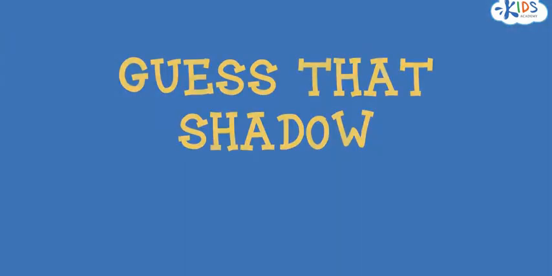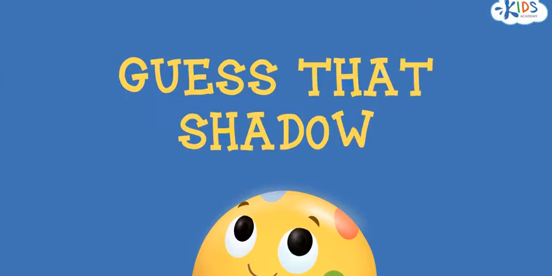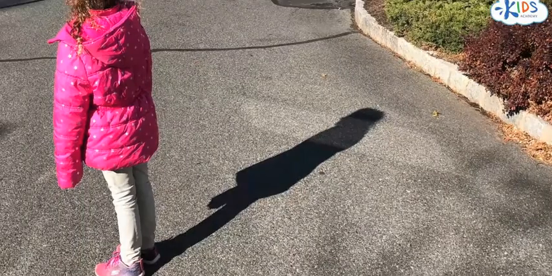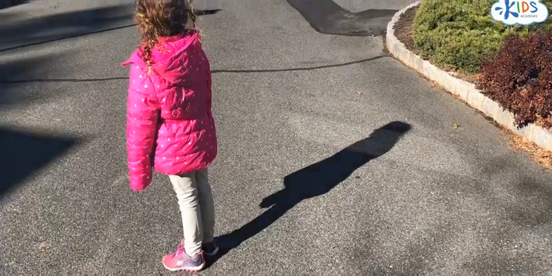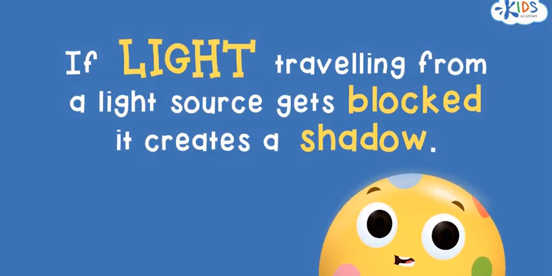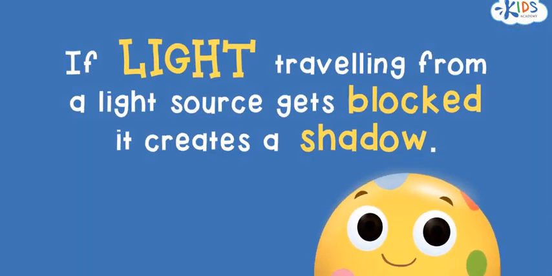Today, we learned that if light traveling from a light source gets blocked, it creates a shadow. Excellent. So when the light is blocked, it makes what? Shadow. When do we get the longest shadow, grade 1, early in the morning or in the middle of the day? Excellent, early in the morning, because the sun is low in the sky.